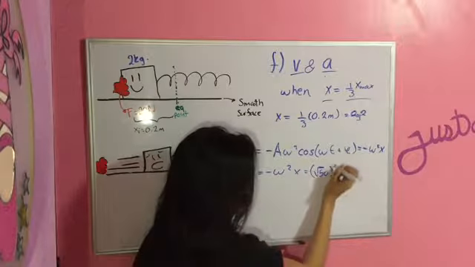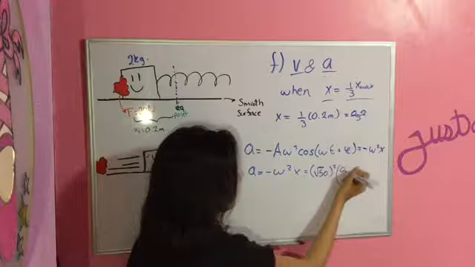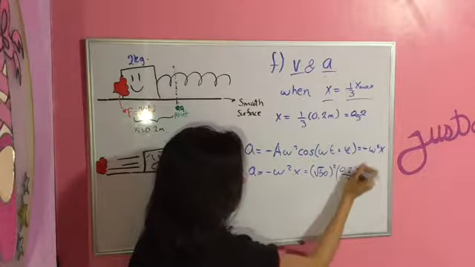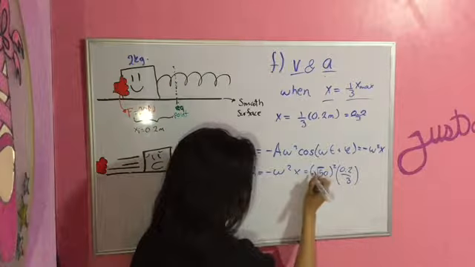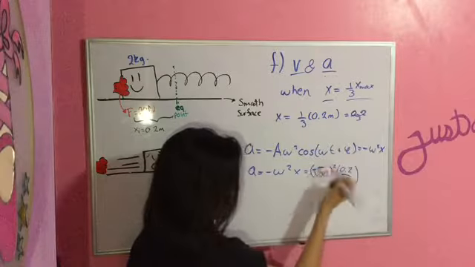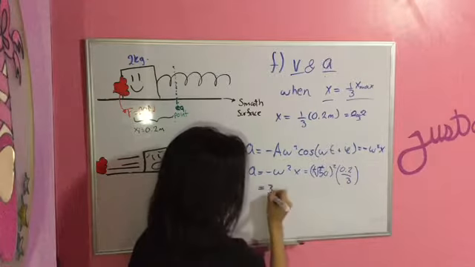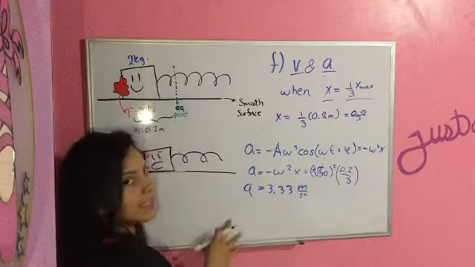But also remember that x equals 1/3 of the maximum distance. So you have to take that into account. And we'll get an acceleration of 3.33 meters per second squared. Now we are done. Ta-da!